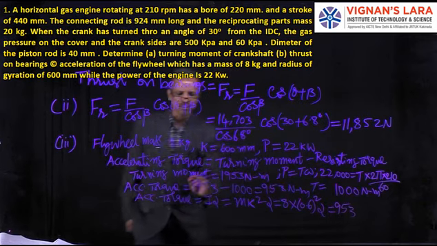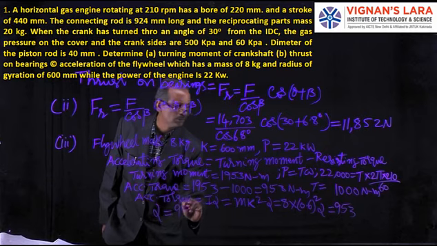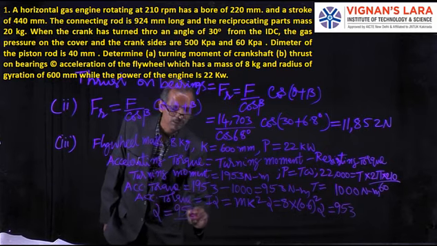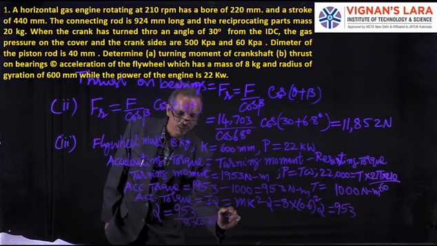So alpha is equal to 953 by 8 into 0.6 square.